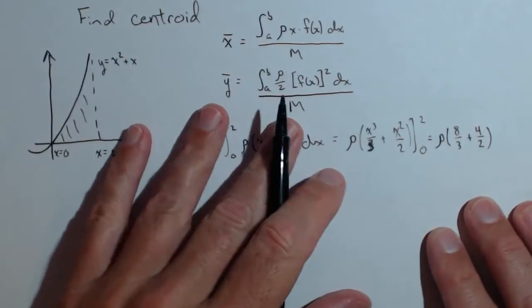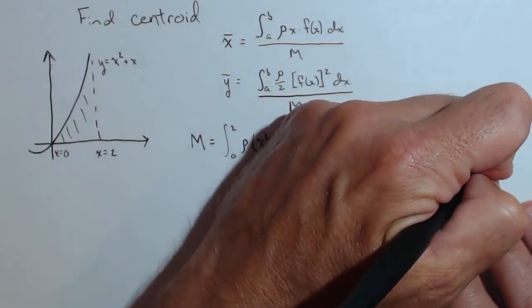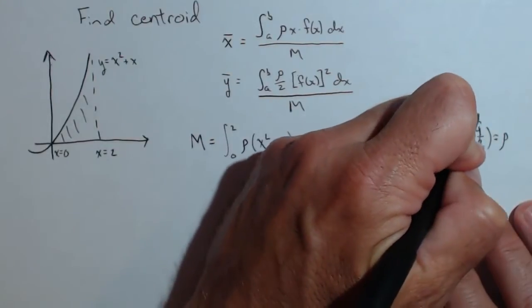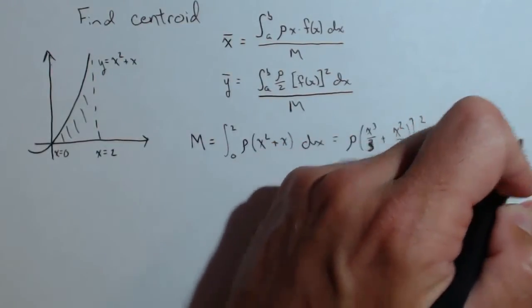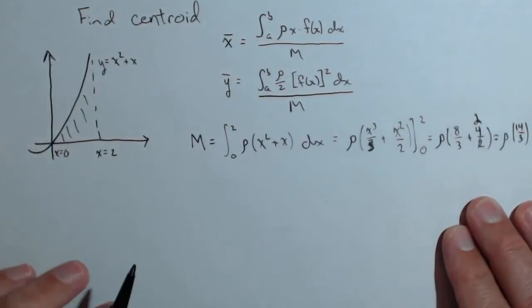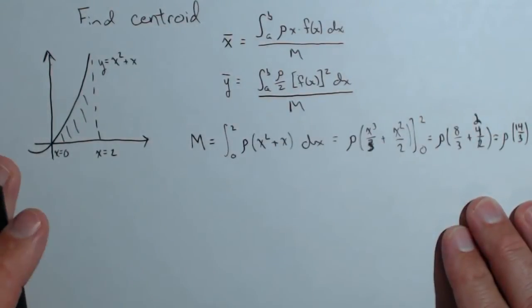Let's finish this off. We have rho times 8/3 plus 2, which is 6/3, so 14/3. So 14/3 rho is our total mass.